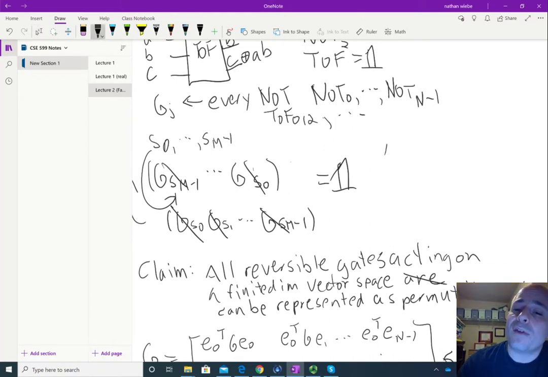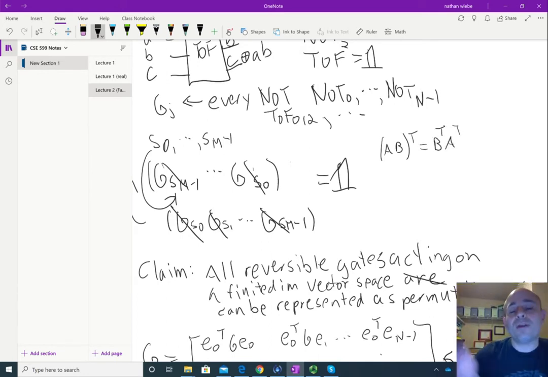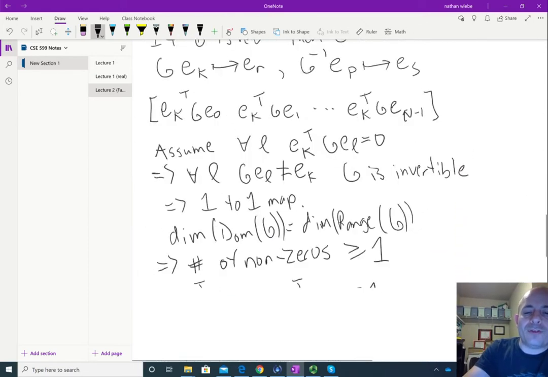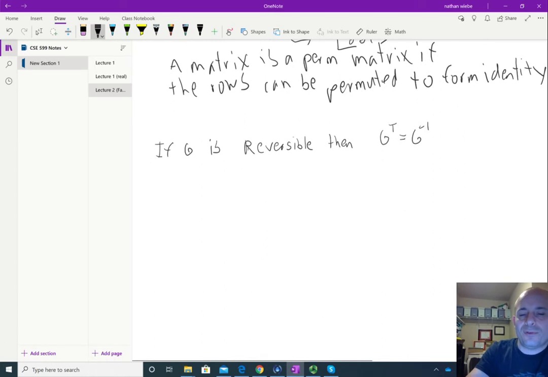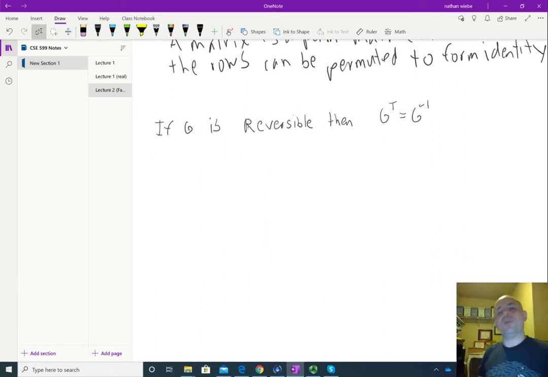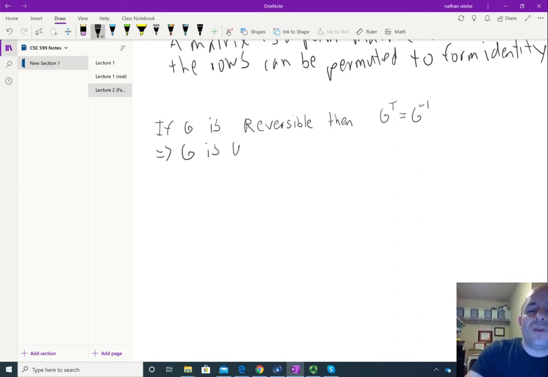But using the fact that (A B) transpose is equal to B transpose A transpose, we have that for gates like this that are their own transpose and inverse, this over here corresponds to that exact same rule, that transposition ends up making the inverse. So that's a particular example, but the point of this claim is to say that this holds in general. In linear algebra speak, what this implies is that G is unitary.